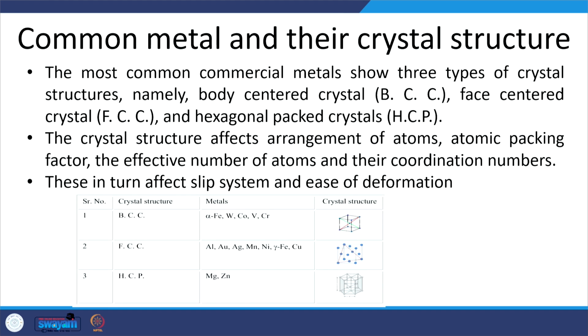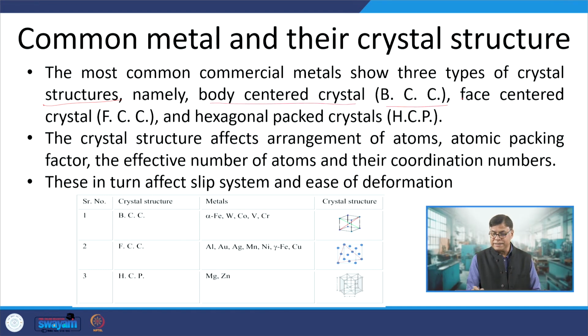So, now we will see the common metals and their crystal structures, and how the crystal structure affects the ease of deformation. We know that there is a variety of metals with three most common types of crystal structures: body centered cubic BCC, face centered cubic FCC, and hexagonal close packed HCP.